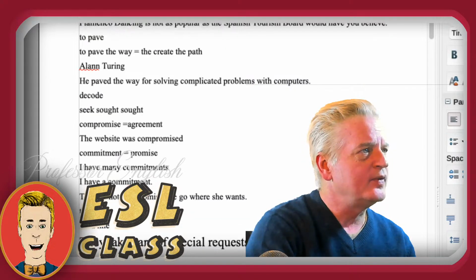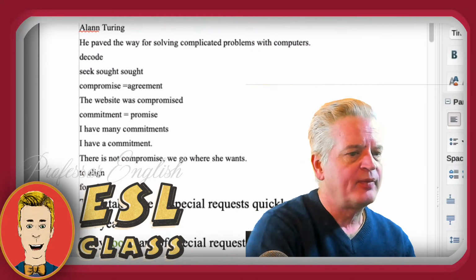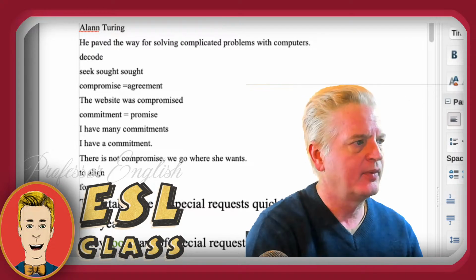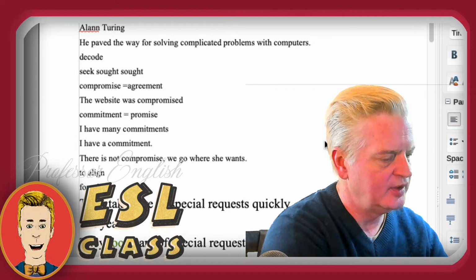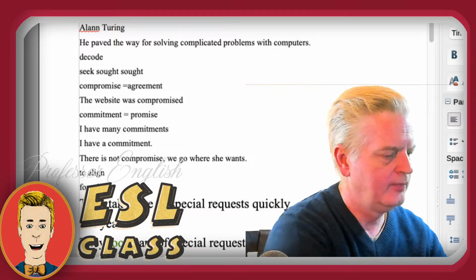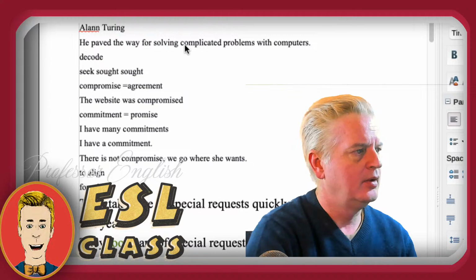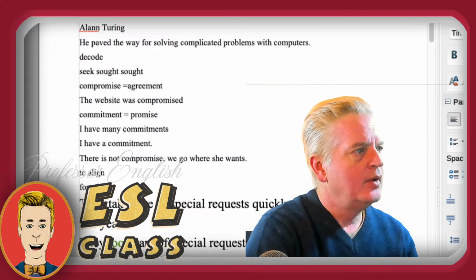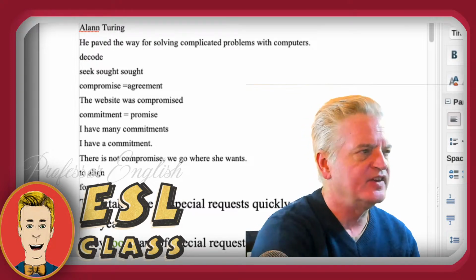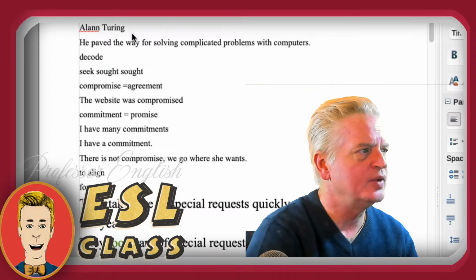Okay, and then the next word that we have is pave. And if you haven't seen that word before, pave. Paving, let's take a look at the word pavement. We use the word pavement to talk about the surface, like the sidewalk or the street, the surface of the street.